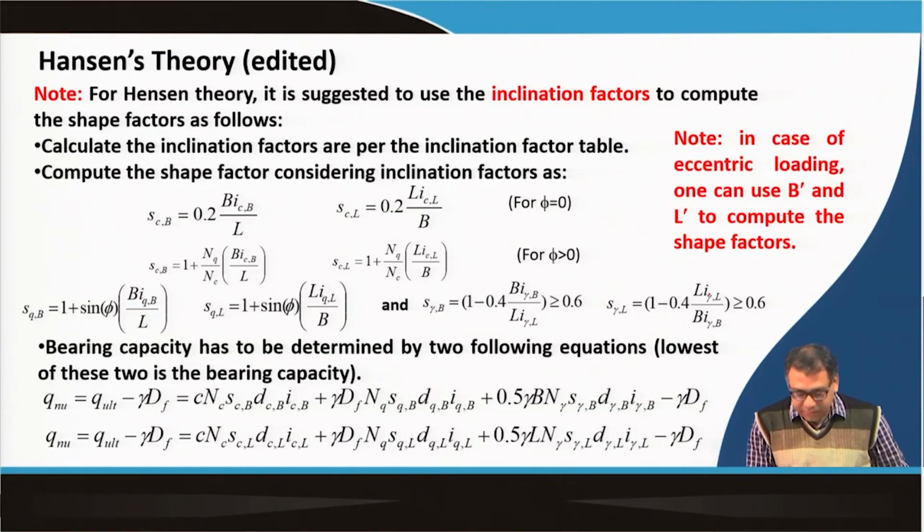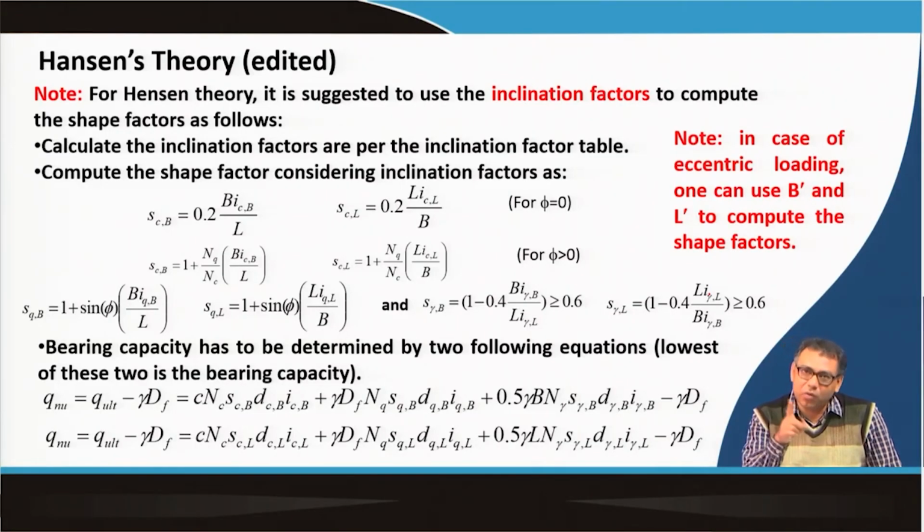One more thing that I want to mention: suppose your HL is 0, but only HB is present, then also you have to do this modification. That means you have to calculate the inclination factor, and then multiply it with the shape factors. But in such a case, the two sets, SCB and SCL, are not required.